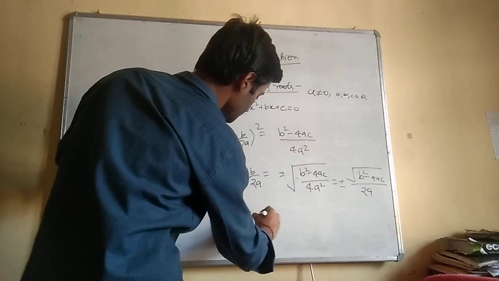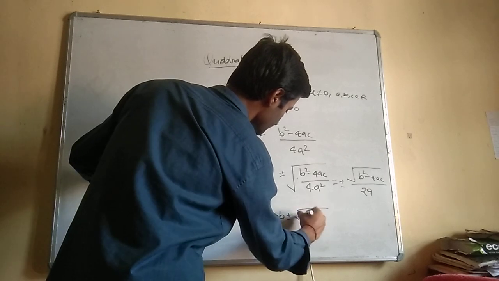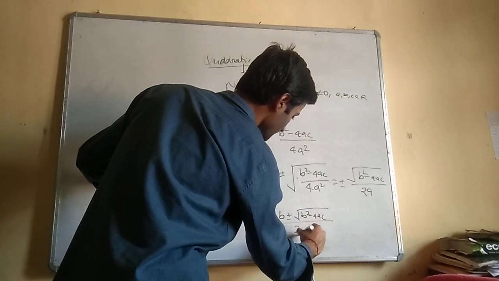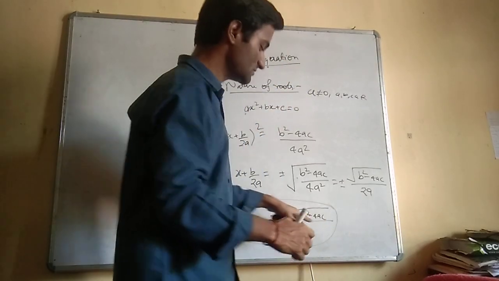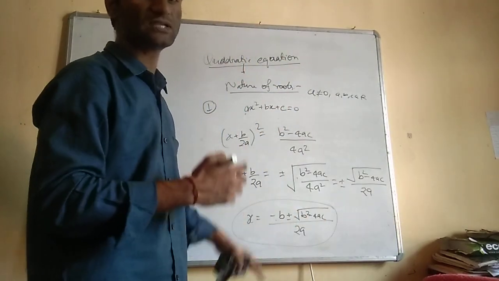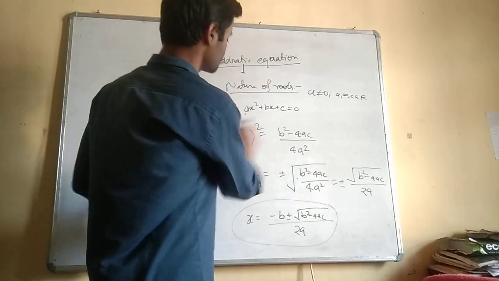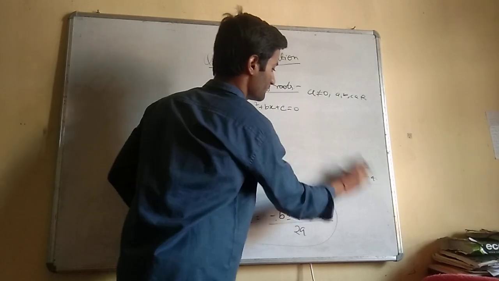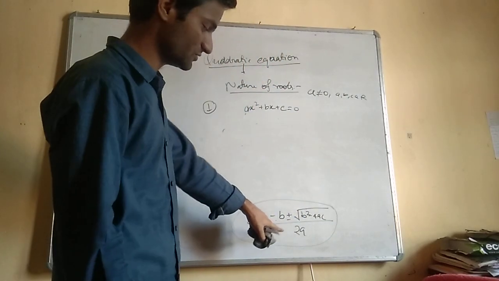So x will be minus b plus minus root of b square minus 4ac upon 2a, and this is the Sridharacharya formula, and with the help of this Sridharacharya formula we will try to deal with the nature of the root. So this is the final expression that we got.